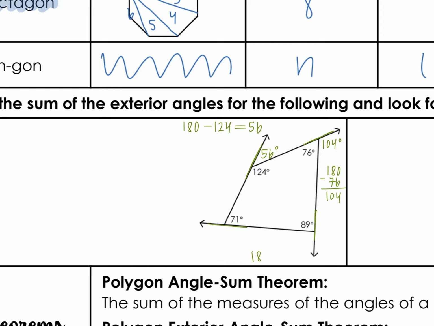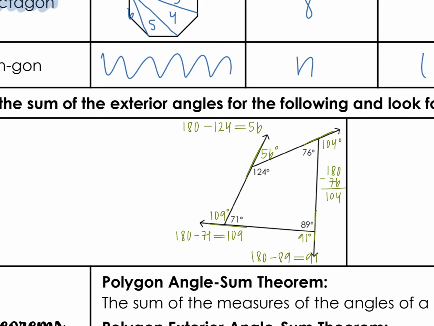Then down here, I'm going to take 180 minus that 89, and I am left with 91 degrees. And for my final one, I'm going to take 180 minus 71. That's going to leave me with 109 degrees.